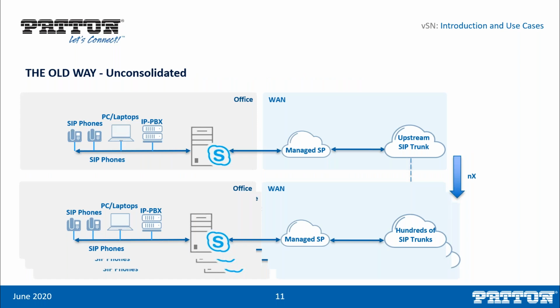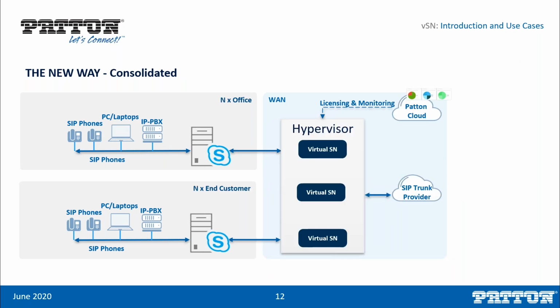So basically, how that looks like is like this. We have a one-to-one relation between an office, being the customer, going to a SIP trunk on the right-hand side, which is managed by the service provider, so one by one, while introducing the virtual smart node here, we can reduce that, as you can see on the right-hand side, down to one SIP trunk.